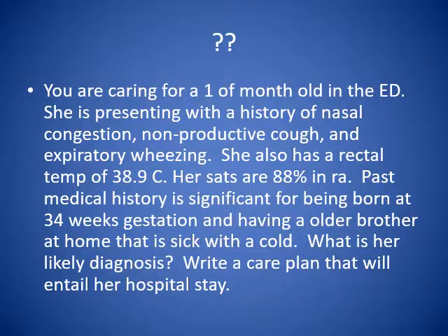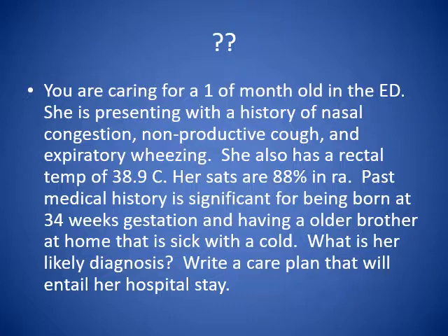All right, so we're back on. So, what do you think? It's bronchiolitis and probably RSV related. This is a preemie, so we know that she's going to have a weaker immune system to fight this off. So primarily, we want to promote oxygenation and ease respiratory effort.